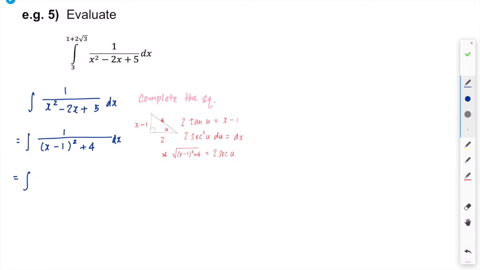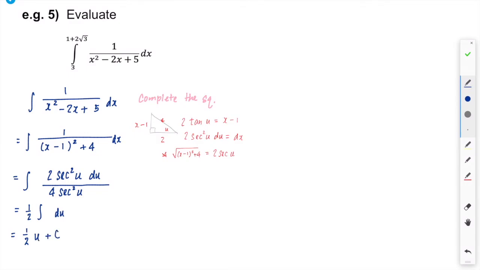In place of dx, I have 2 secant squared u du. In place of my original denominator, I have 4 secant squared u. That's good, because then I have 1 over 2 integral of just du, which is u plus c.